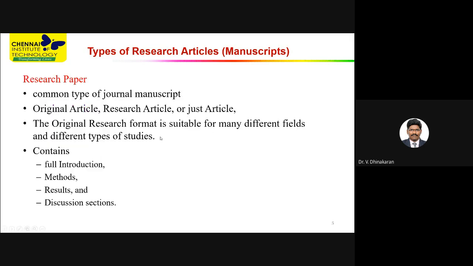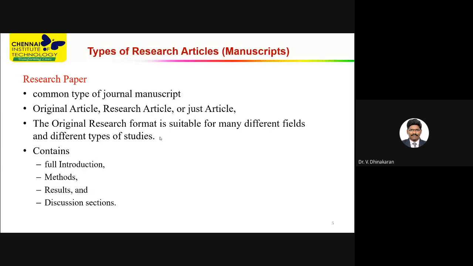So the research paper is a common type of manuscript. If you want to satisfy your criteria, most researchers only target research articles. Sometimes the research article may be called the original article, or just article. This terminology will vary based on the journal where we are publishing.